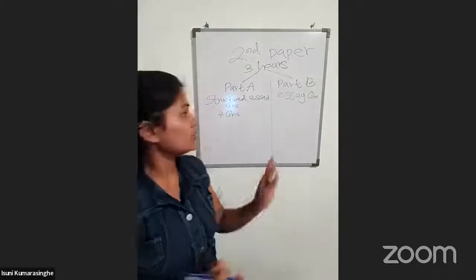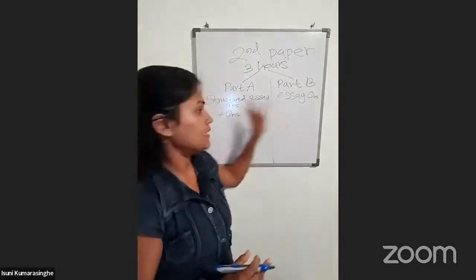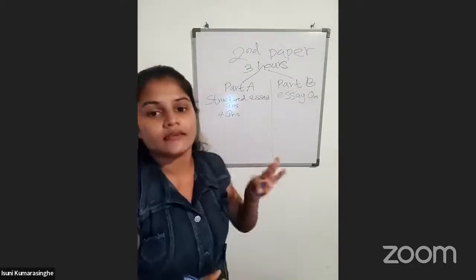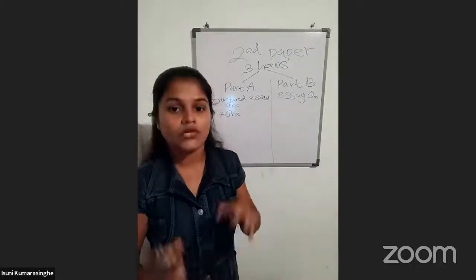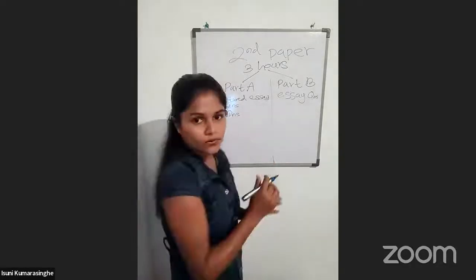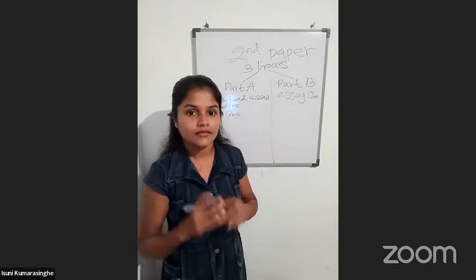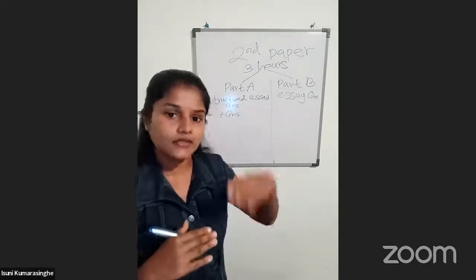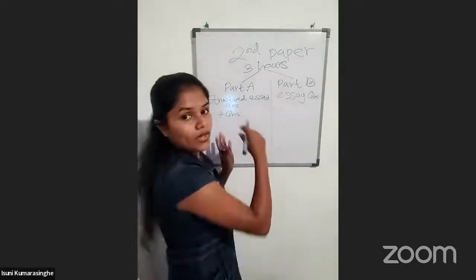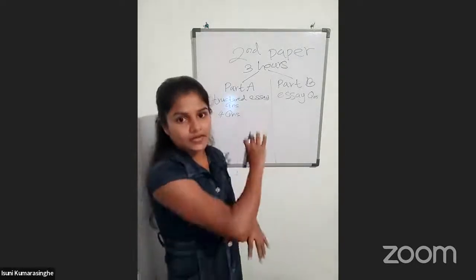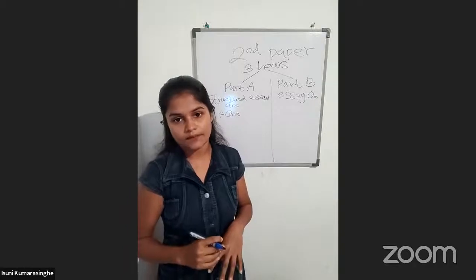Not like in part B, here in part A, when you write the structured essay papers, you have to write the answers on your question paper. Some spaces are given under each question, and you have to use that space to write your answers.